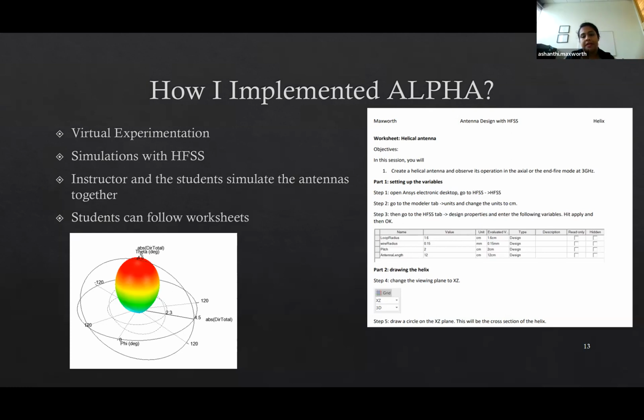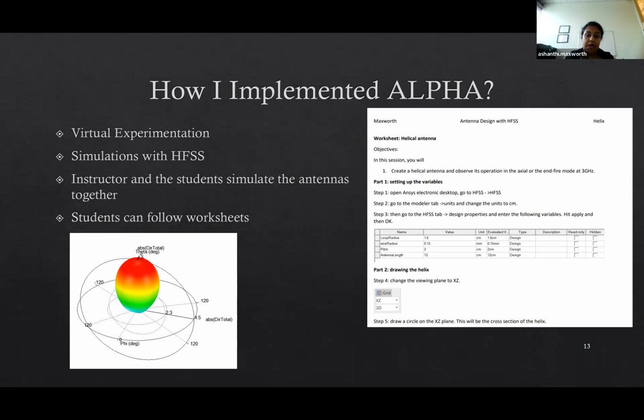For every class, I produced these worksheets. These worksheets are step-by-step guidelines because many students are new to this software. I had some students from electrical engineering and some students from mechanical engineering. At the beginning, they were following the simulations with me.